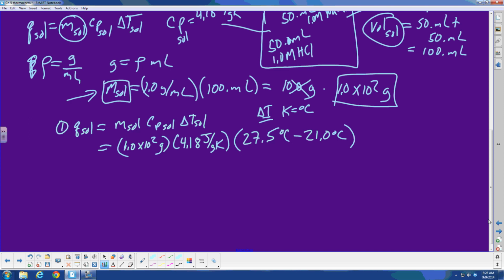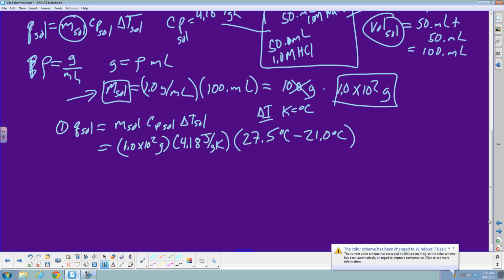So I have 100 times 4.18 times the quantity 27.5 minus 21.0, and we get 2717 joules.